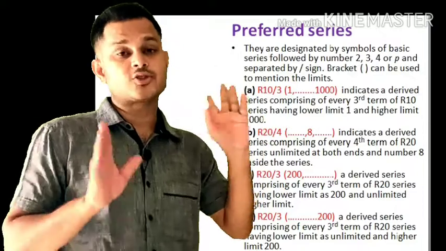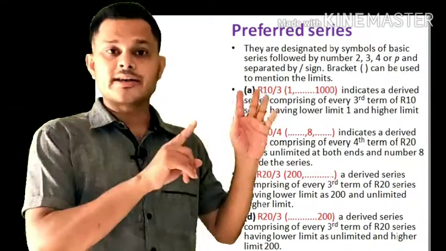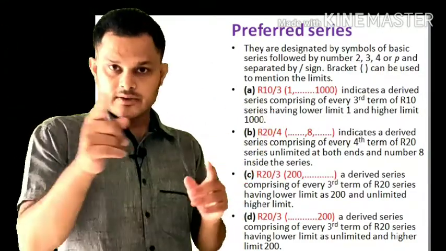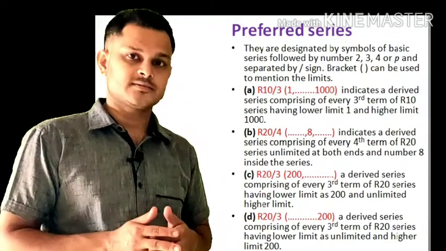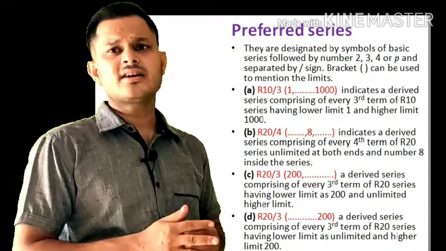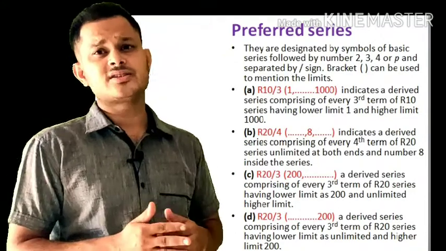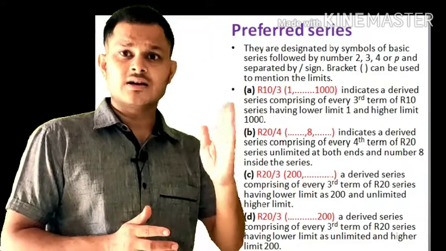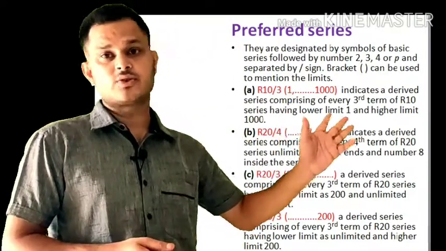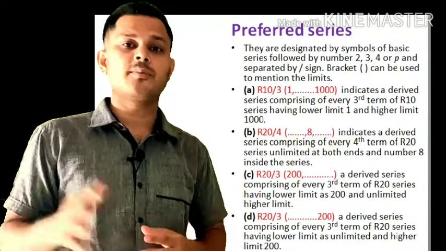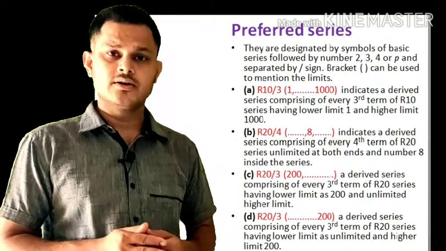It means the first number has to be 1 and the last number has to be 1000. The series we obtain this way is called a derived series. It indicates a derived series comprising every third term of the R10 series having a lower limit, that is, the smallest number, starting from 1, and an upper limit of 1000.